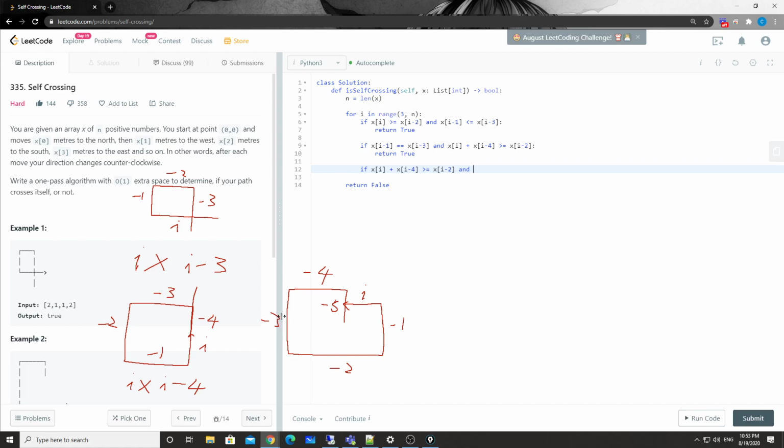So for left and right, it's basically xi minus 1 plus xi minus 5 has to be greater than xi minus 3.